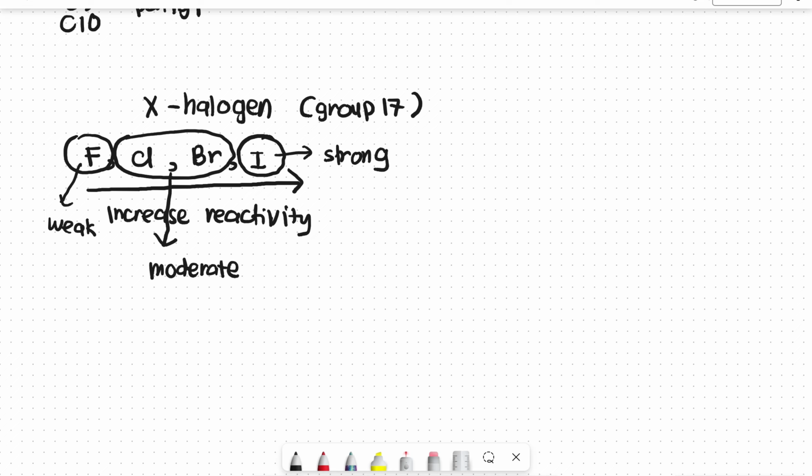I repeat, there are 4 elements under halogen, which are fluorine, chlorine, bromine, and iodine.